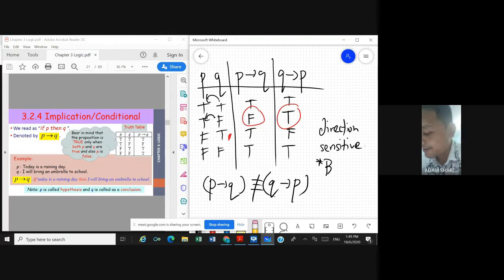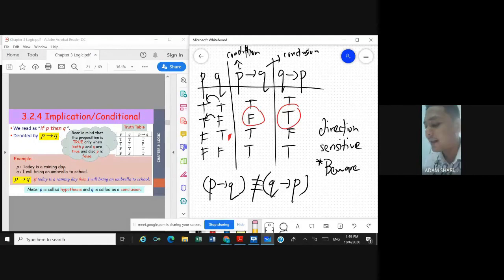Beware. This is the common mistake. Always this mistake, that the students don't realize which comes first. Which one is the condition? Which one is the conclusion? P implies Q. This P is the condition. This is the conclusion.